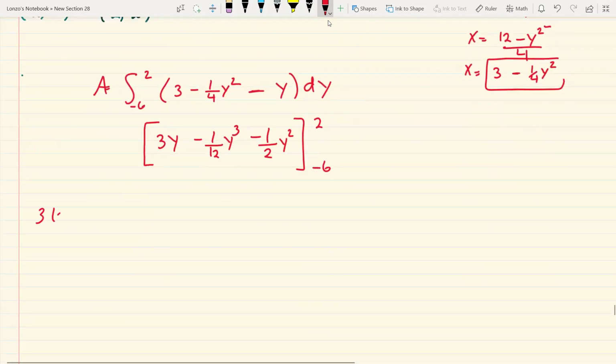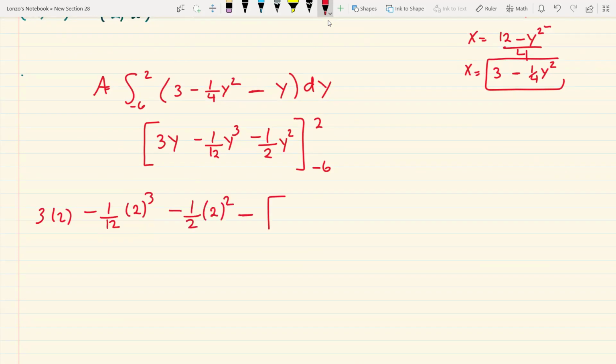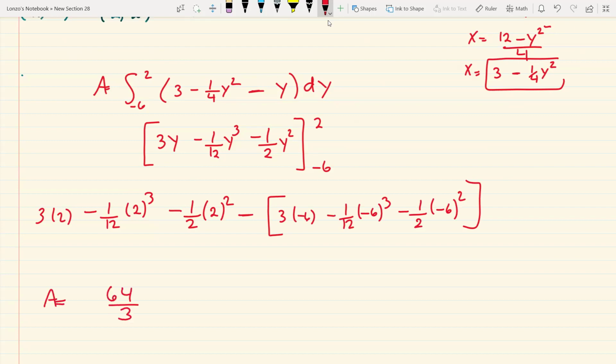It would be 3 times 2 minus 1/12 times 2 to the third minus 1/2 times 2 squared, minus the bracket: 3 times -6 minus 1/12 times -6 cubed minus 1/2 times -6 squared. If you put it all through the algebra, your final answer will be 64/3, positive 64/3.